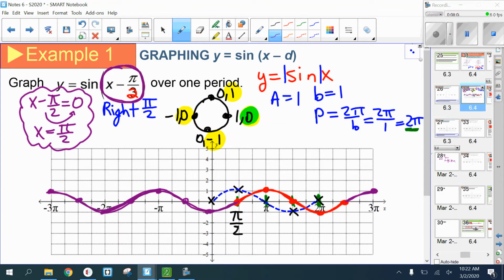So keep in mind that blue dotted line there is not part of the answer. It's the red and it's the purple. This problem specifically says over 1 period, so if that's what your problem would say, then we only need the red part. That's 1 period of the curve. But typically when I give you graph paper like this, I'm going to want you to fill it up.